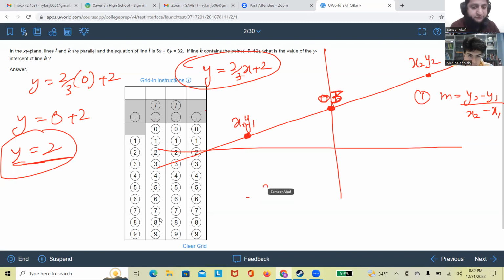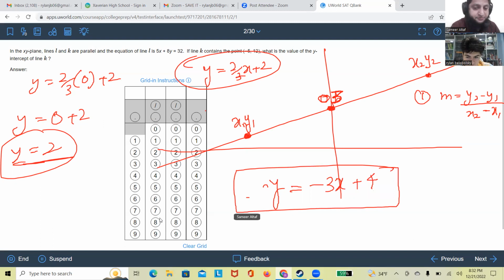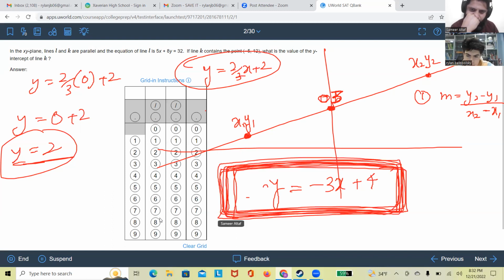Any equation you're given, for example, y equals negative 3x plus 4. What is the y-intercept here? Would you just plug in that 0 for x?